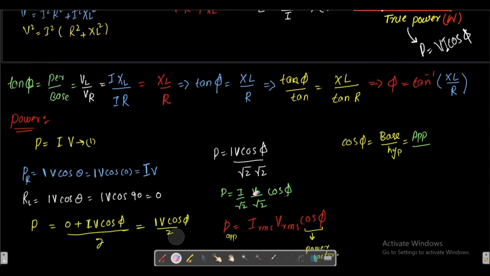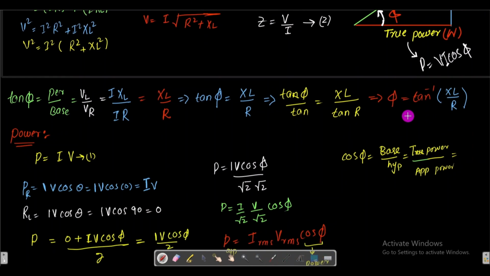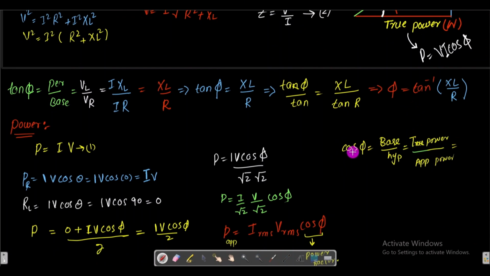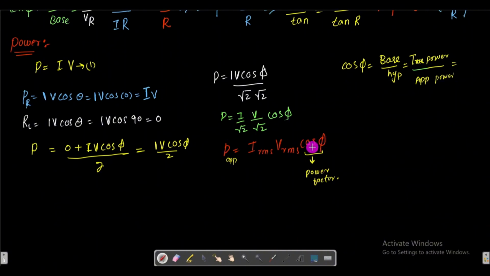So we can write here the true power, and on the hypotenuse we have the apparent power. So the true power by apparent power we call a power factor. Therefore this cos phi is the power factor. So this is the final relation for the apparent power. Okay, so this much power will be present in the circuit.